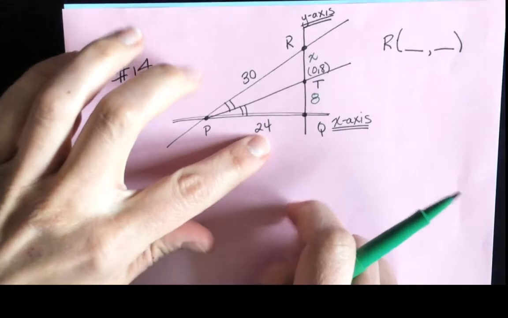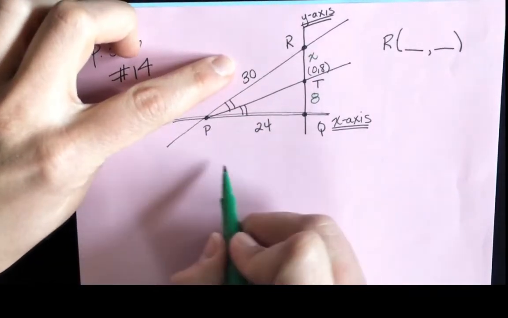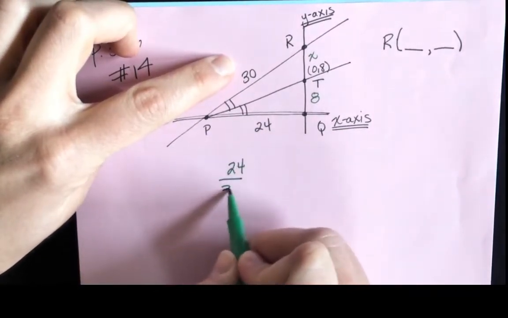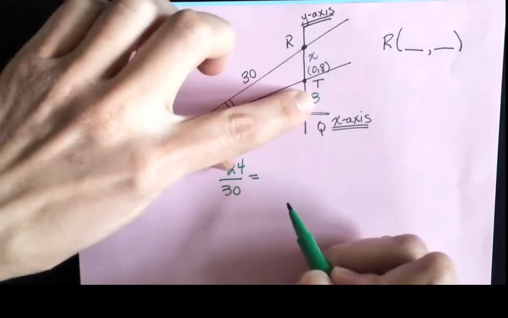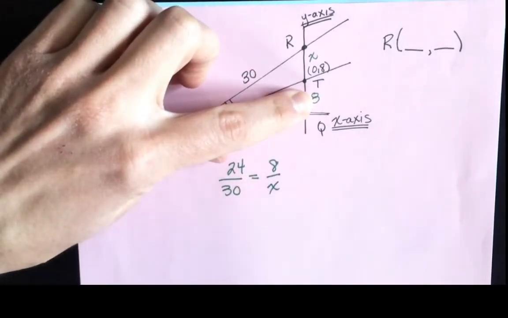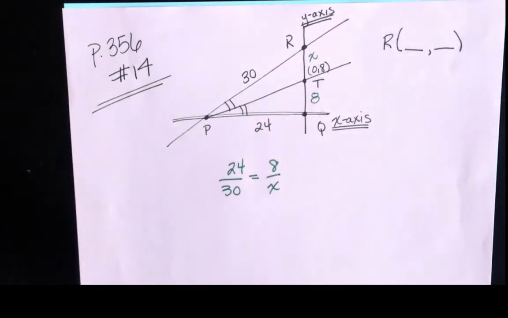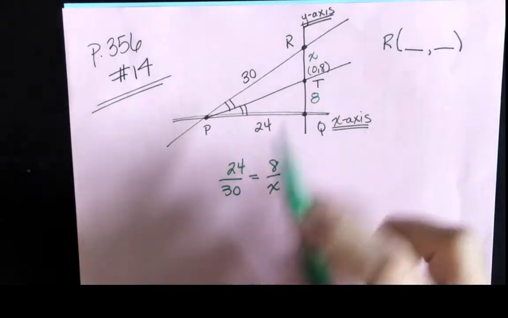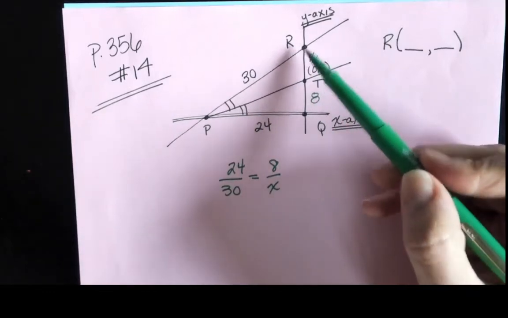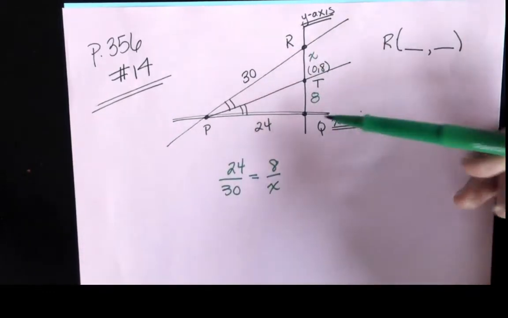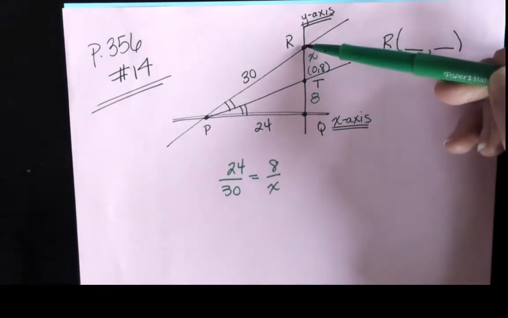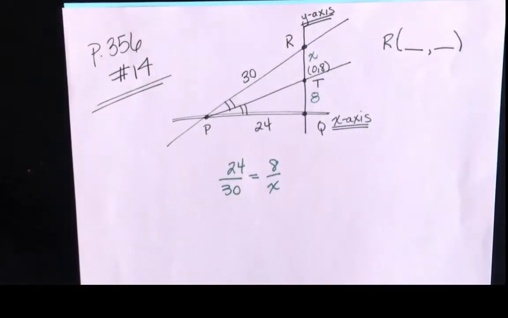I have a tendency to go side of an angle to the side of the angle, so 24 to 30 will match 8 to x. I'm going to stop there because once we are able to cross multiply and figure out what the length of x is, you should be able to figure out how high total we went. So make sure that you use that information.